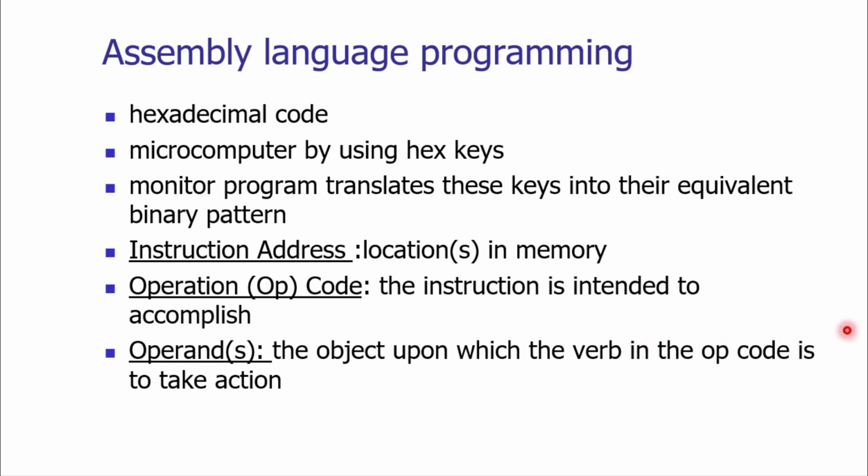And we need the operand, the object upon which the verb, the opcode, is to take action. So the location, the instruction about the process, and the object itself, these three pieces of information are needed to write a simple assembly language program.